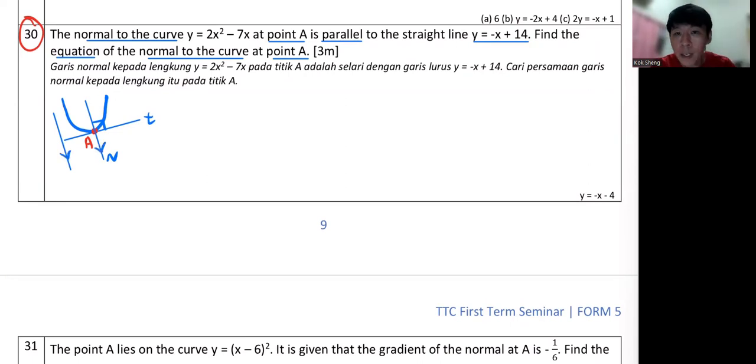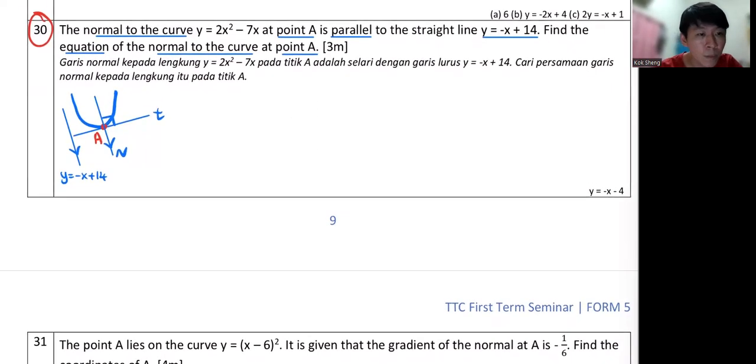The equation of it is negative x plus 14. So the normal to the curve at point A is parallel to negative x plus 14. This is the graph for the first sentence.